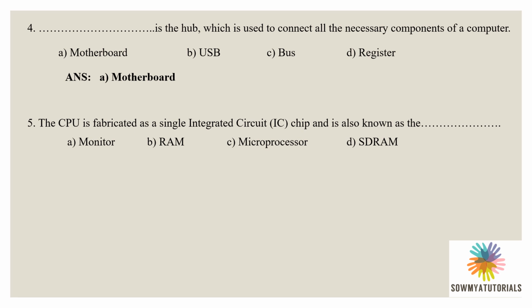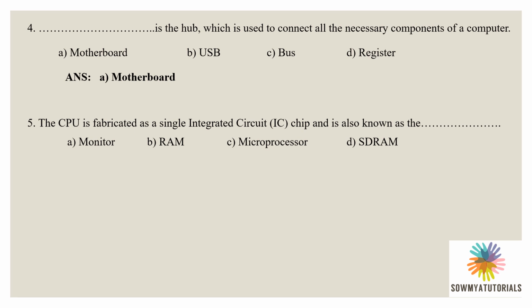Microprocessor: it is a single integrated chip, also called the CPU, the central processing unit. It is fabricated as a single integrated circuit chip, and it is also known as the microprocessor. This tiny chip contains the entire computation engine.